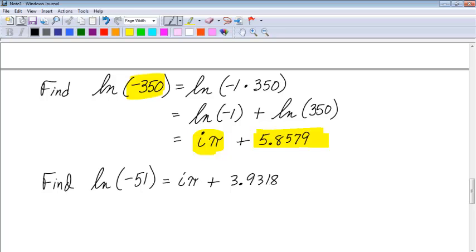Make sense? So now, if you go back on today's assignment and look at a couple of those problems where they got this i pi, now you should know where that comes from.